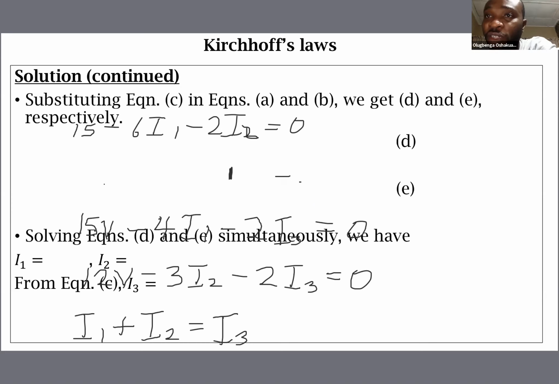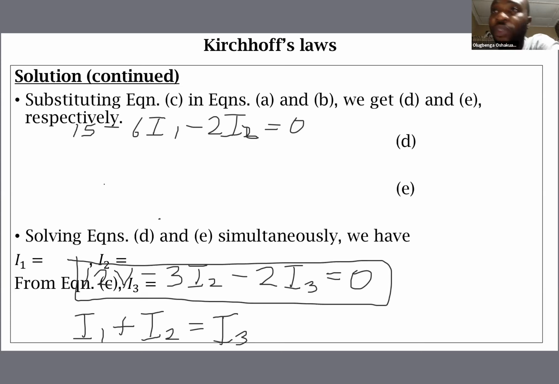Okay, for the second equation, we are going to also expand this to give us 12 minus 3I2 minus 2 times I1 plus I2.